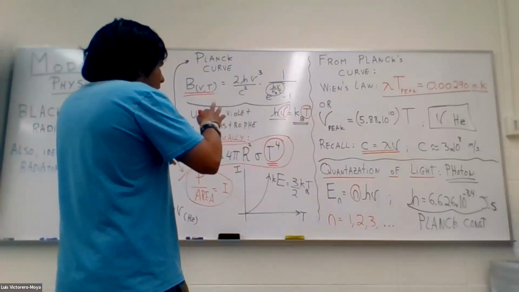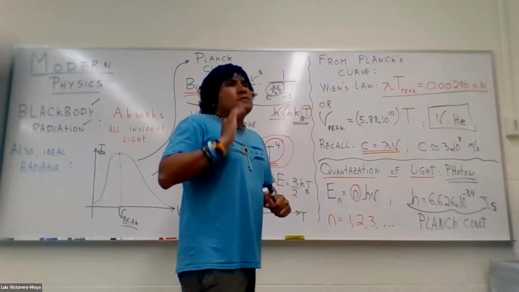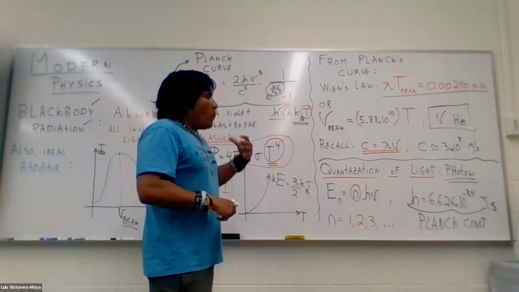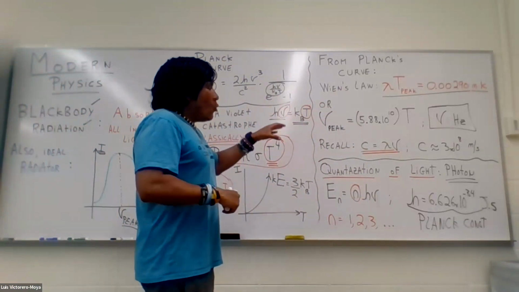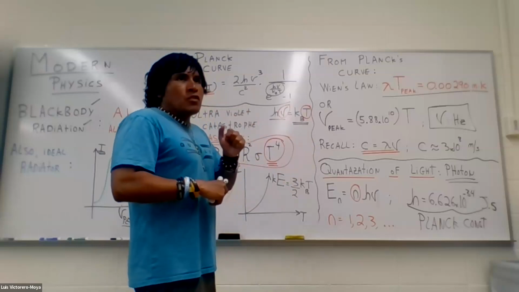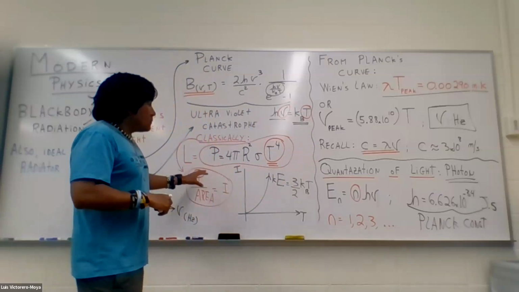We can use the classical definitions. However, there are experiments that led us to understand that we need the quantization of light to make sense of the results of those experiments. This is one of those.